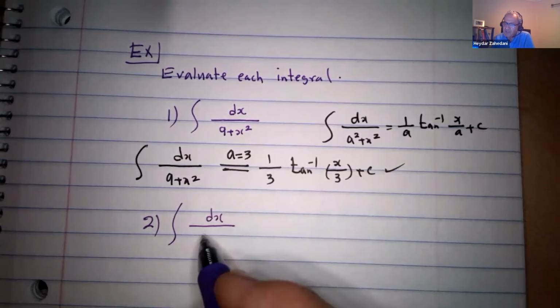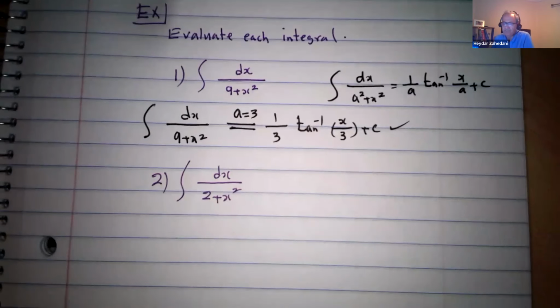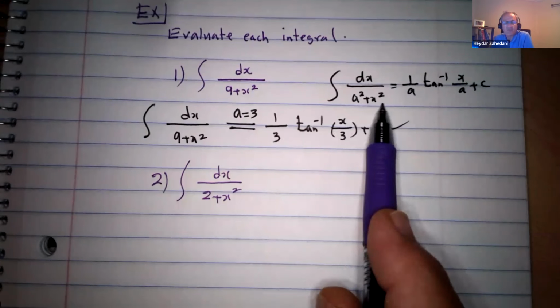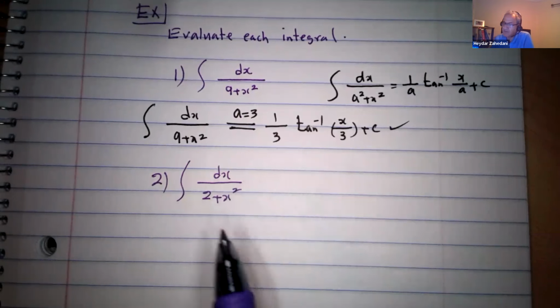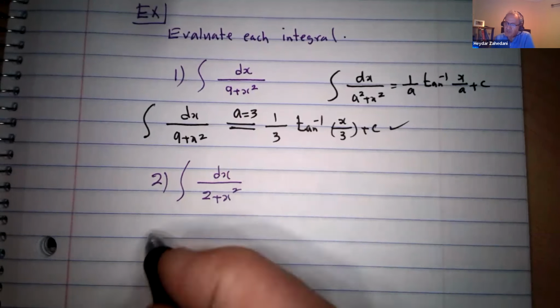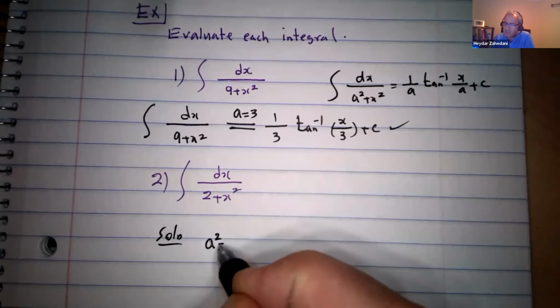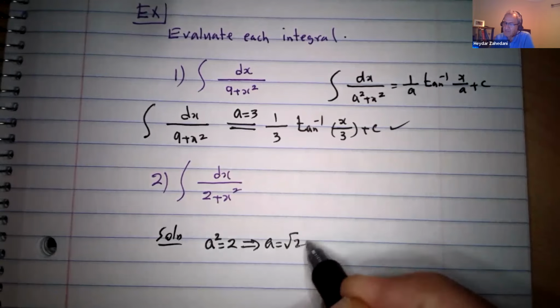So you may have this one, 2 plus x squared. Again, it is of this format. So your a squared is 2, so your a would be radical 2.